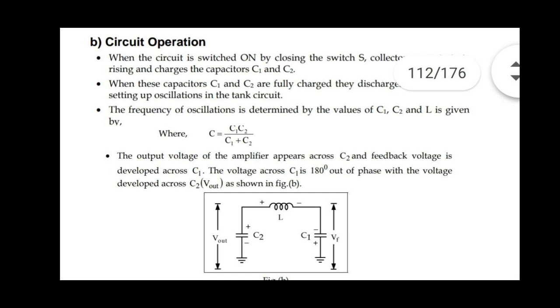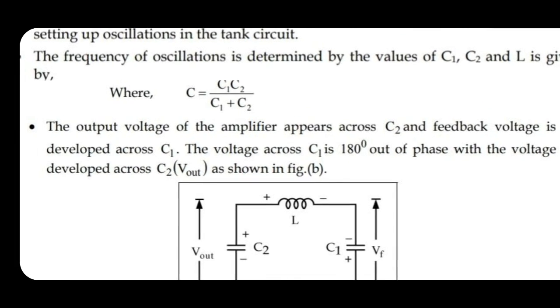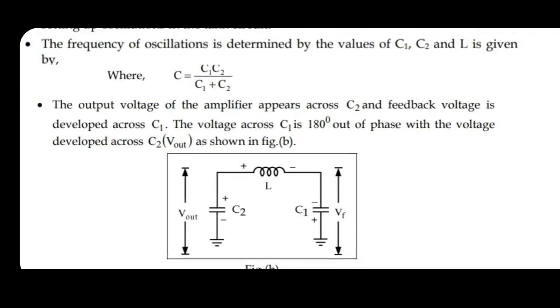The voltage across C1 is 180 degrees out of phase with the voltage across C2. So for C1 and C2 we have to see the indication. The inductor L charges plus minus and the capacitor charges reverse. The sign difference is 180 degrees between the two capacitors.